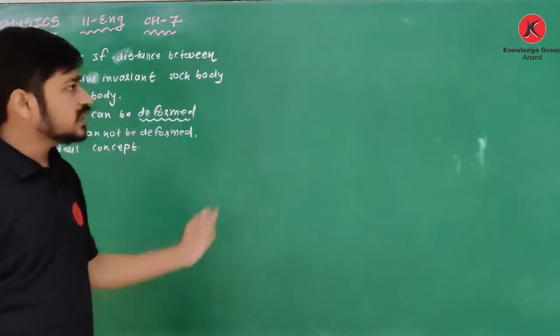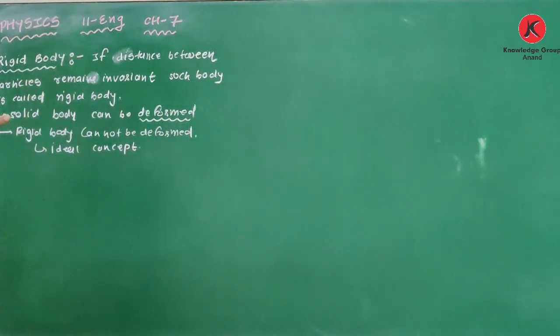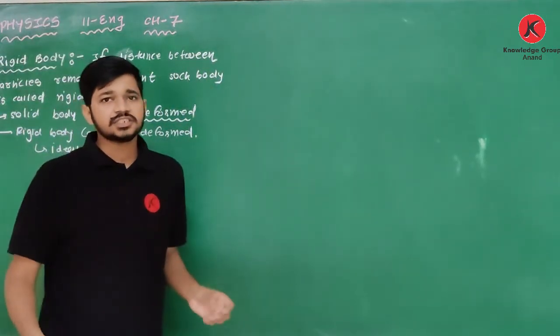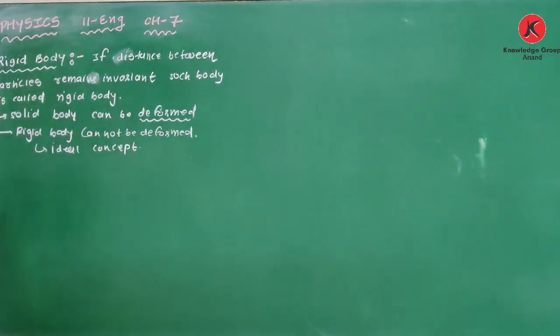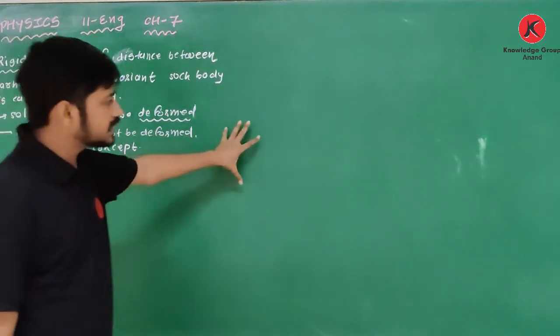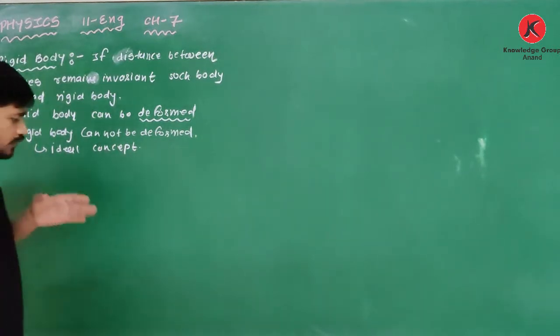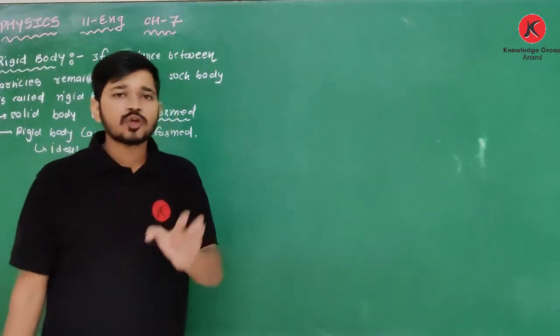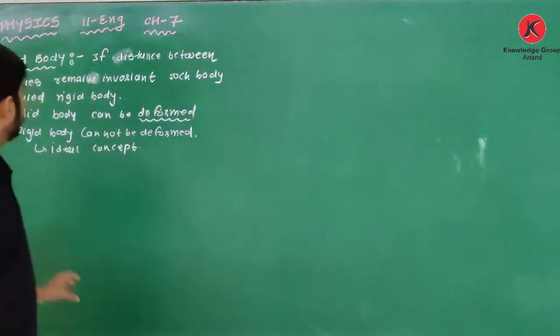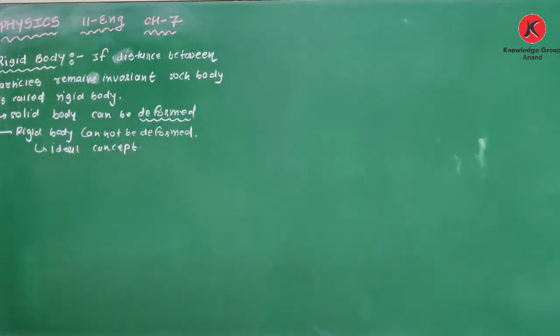So I can consider this board, a solid body, as a rigid body, because there are no changes in dimensions or distances between its parts. So the first point that you have to remember about this topic is what is rigid body and the difference between solid body and rigid body.